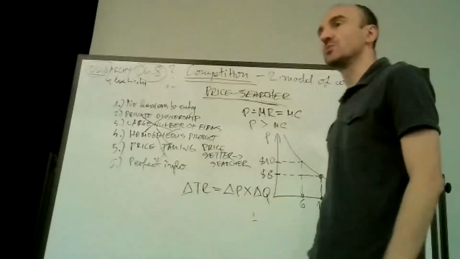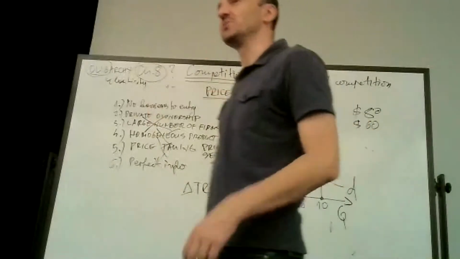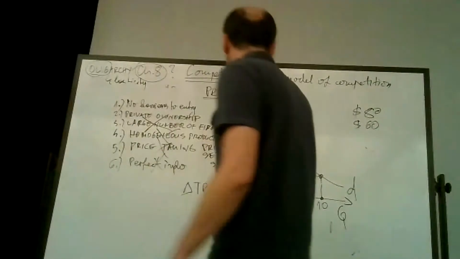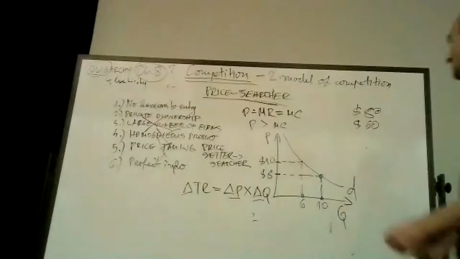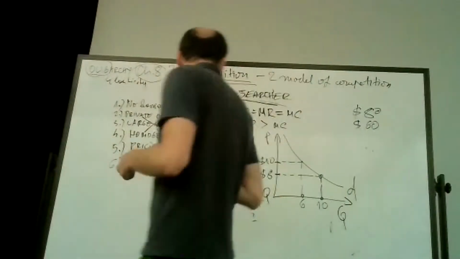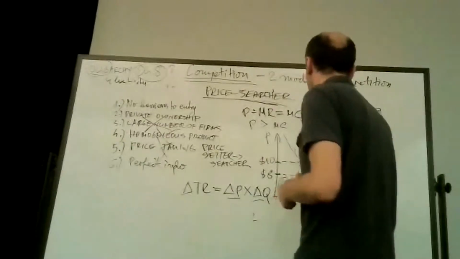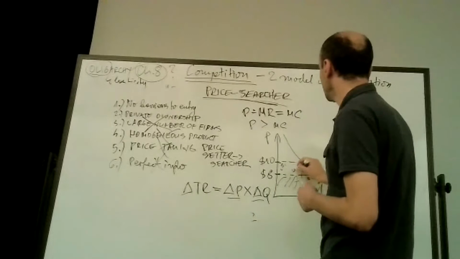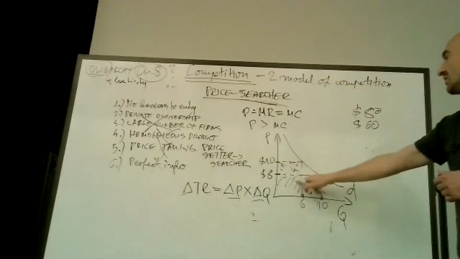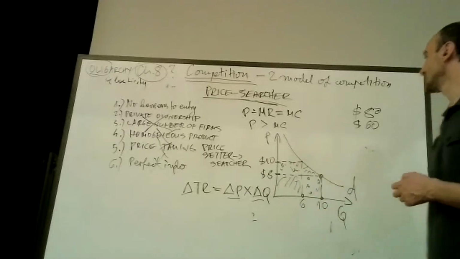Whether you're going to increase the price depends on the degree of verticality of the demand curve, which means which one of these two will be greater, the change in price or the change in quantity. So here, that practically means whether this rectangle is going to be greater than this one. They have these two in common. These two are the difference.